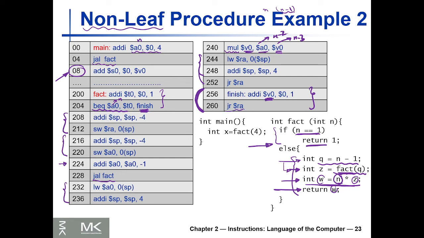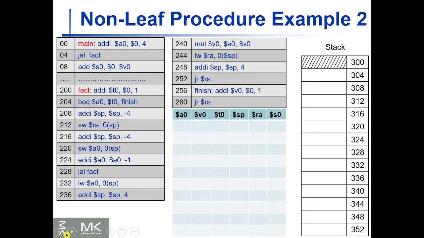Then we jump back, and the jump here will be basically to 208, as we're gonna see in the code. So let's now go step by step or line by line with an example. We're gonna assume that the stack pointer has 300 in the beginning, so that's basically stack pointer. So whenever we finish, we should be back at the same location again.